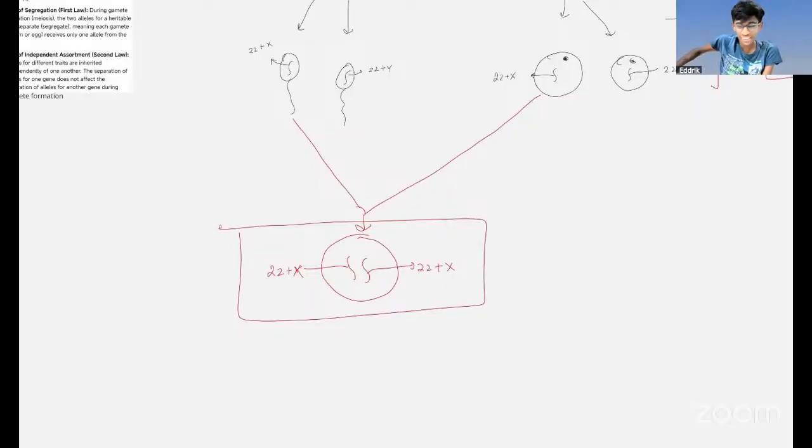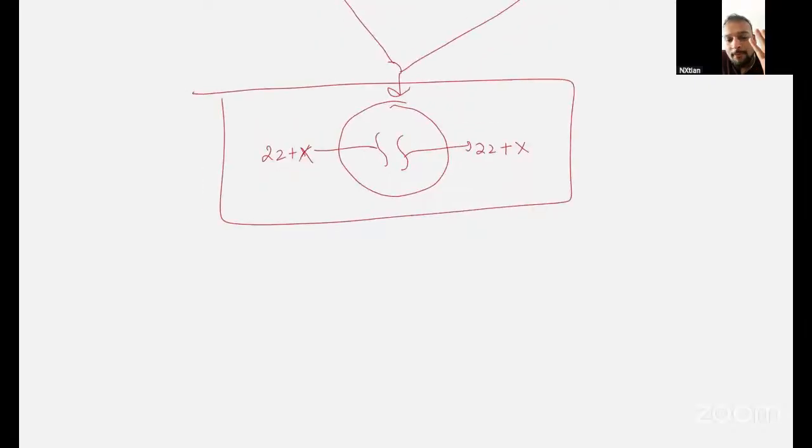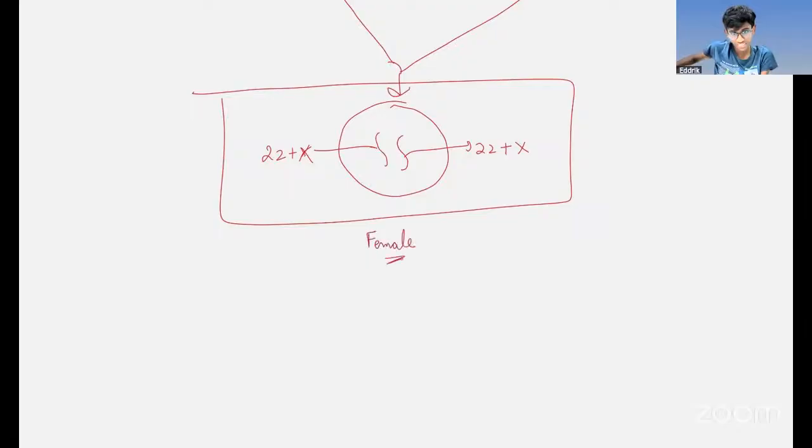It will be female, because 22 plus 22 becomes 44, the chromosome number is restored, and 44 plus XX is called female.